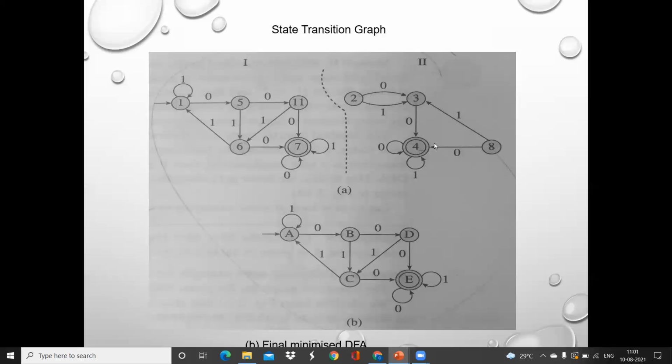You can also call them dead states, because there is no path with which you can reach this second part of the transition graph, so it is completely removed. The final minimized DFA will have only 5 states instead of 15. So this is how you can minimize your DFA with the help of this third method.